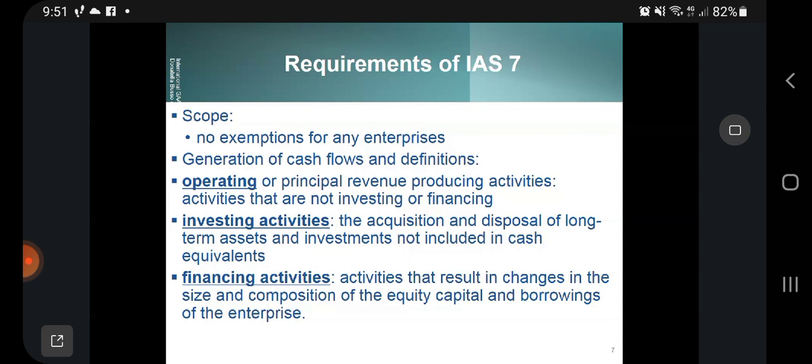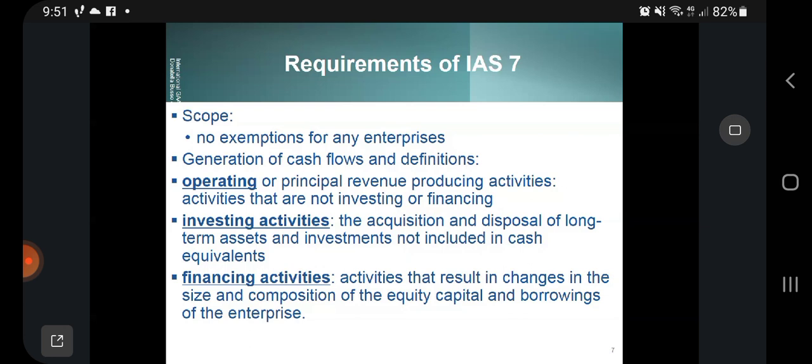Whereas the financing activities are whatever happens that changes the items in the non-current liabilities and equity section in the balance sheet. Whatever transaction makes you change the amounts of non-current liabilities and equity in the balance sheet is considered financing activity. Everything else that is not investing or financing will be operating activity.